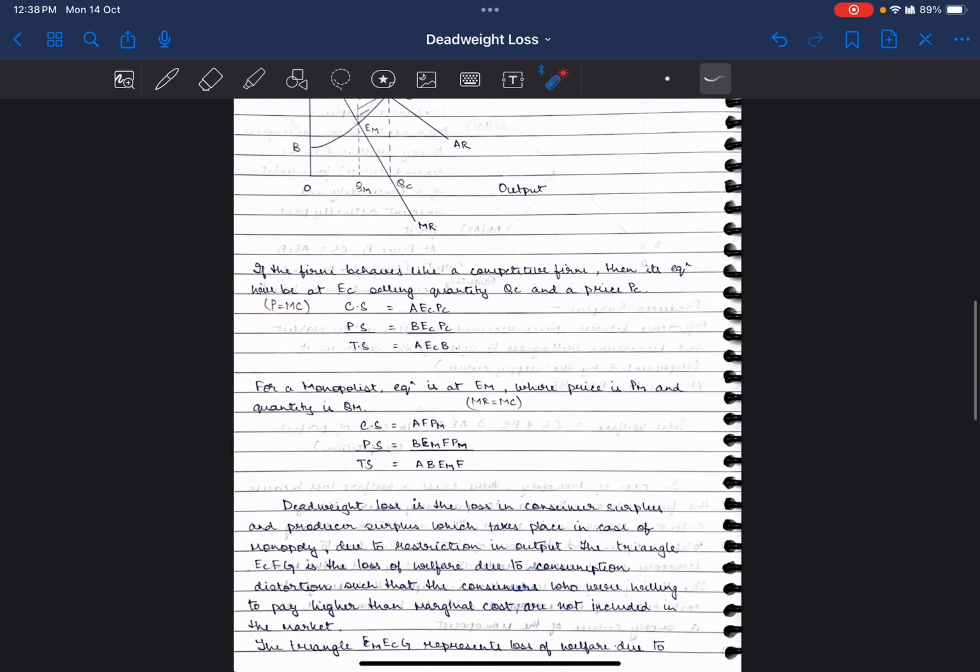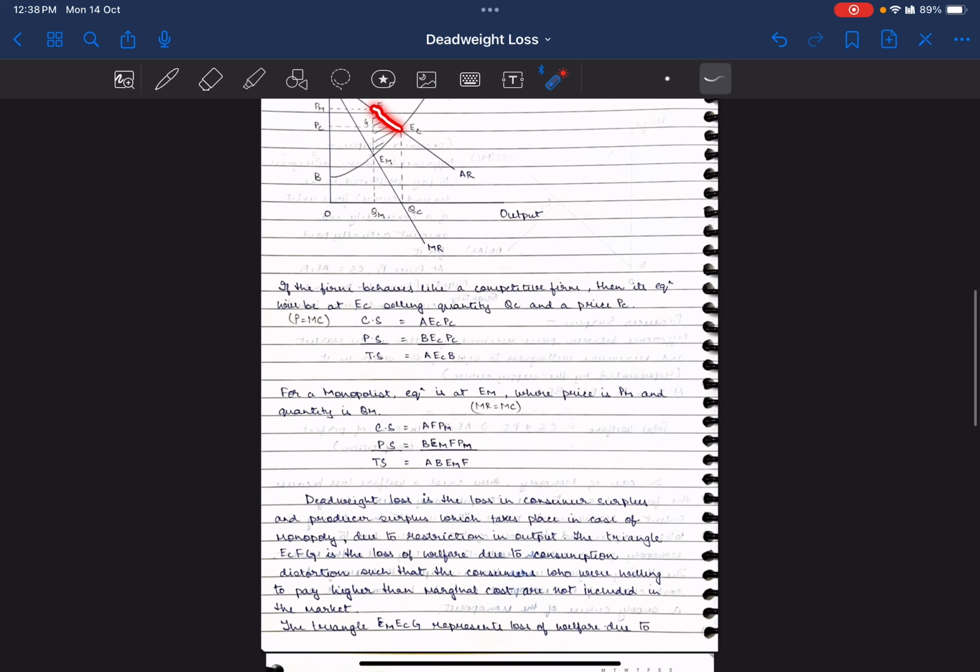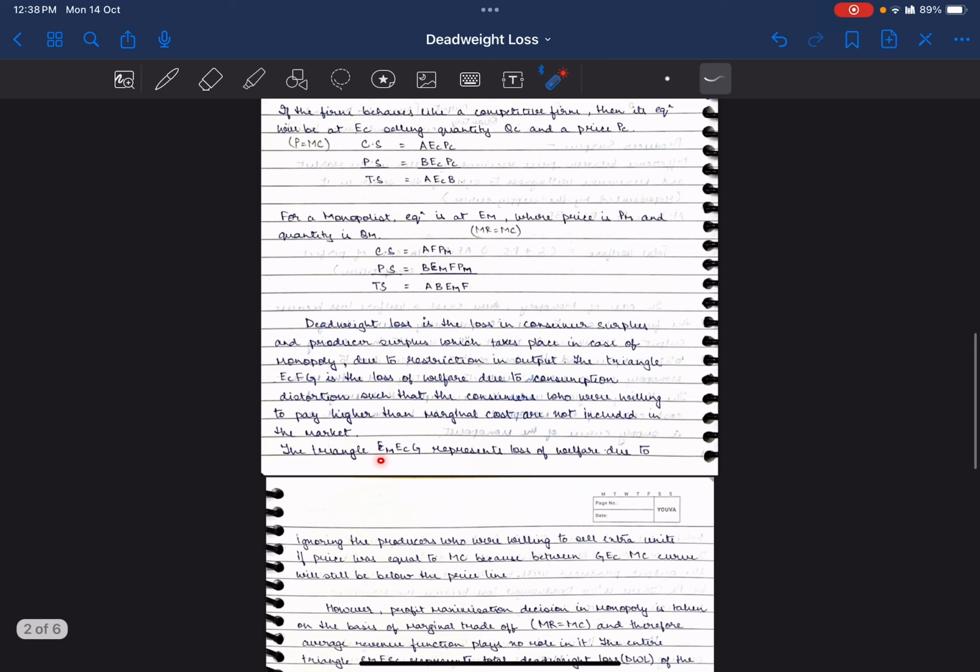The triangle ECFG is the loss of welfare due to consumption distortion loss, such that consumers who were willing to pay higher than the marginal cost are not included in the market. Similarly, the triangle EMECG represents a loss of welfare due to ignoring producers who were willing to sell an extra unit if price was equal to MC.